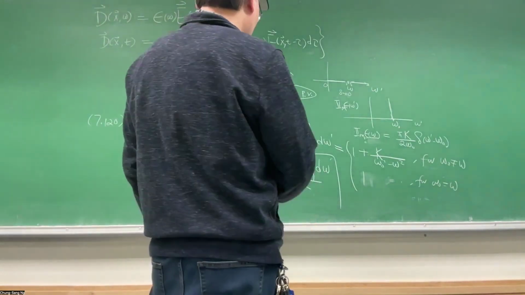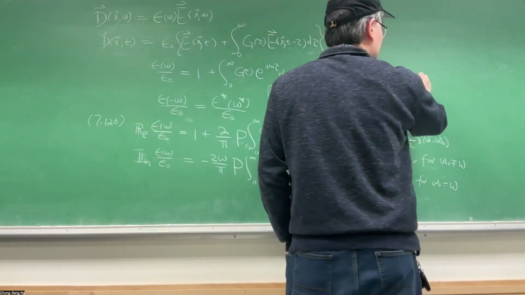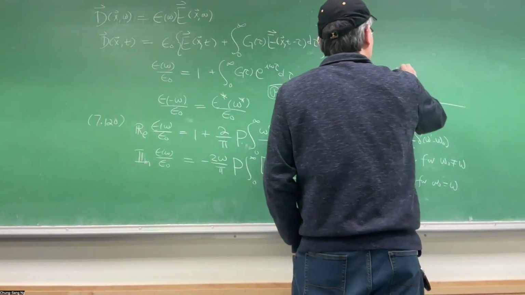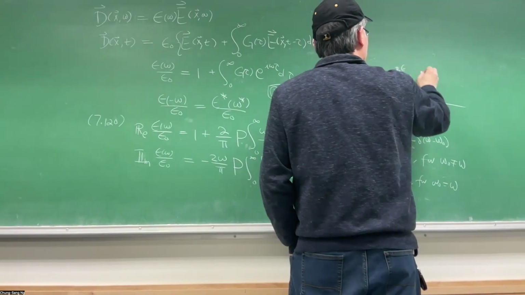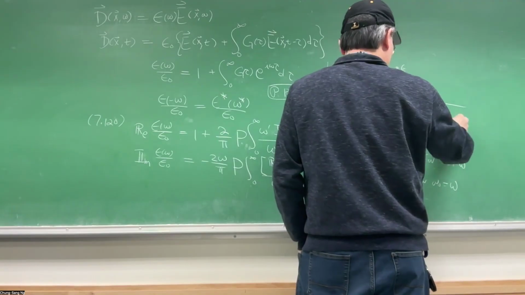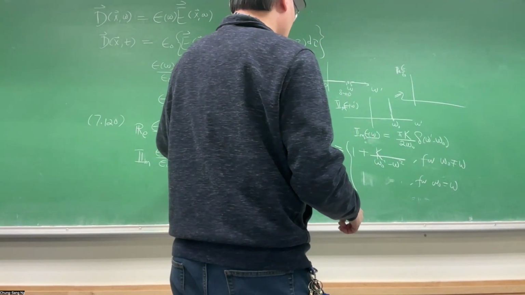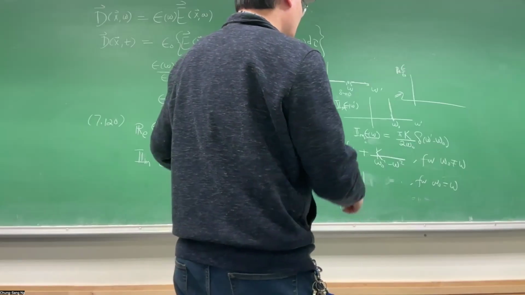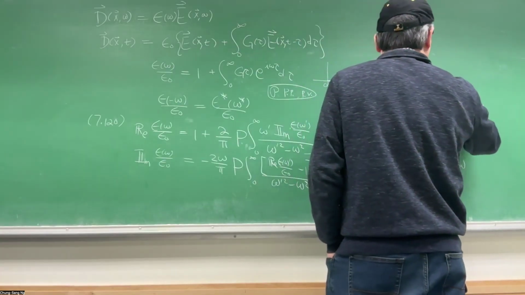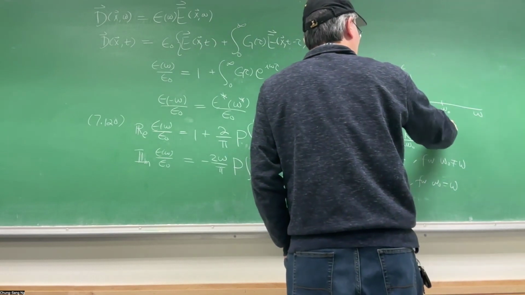Okay, so you plot the real part of epsilon over epsilon 0 as a function of omega. Somewhere along the line it is 0.